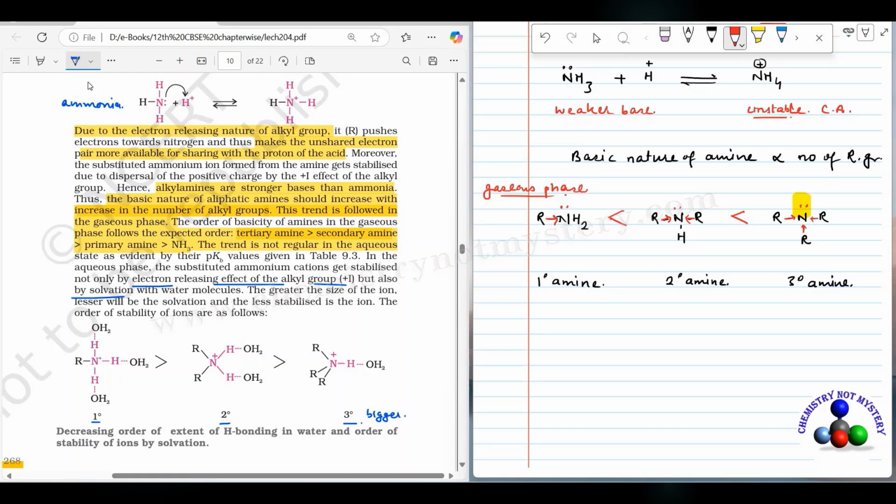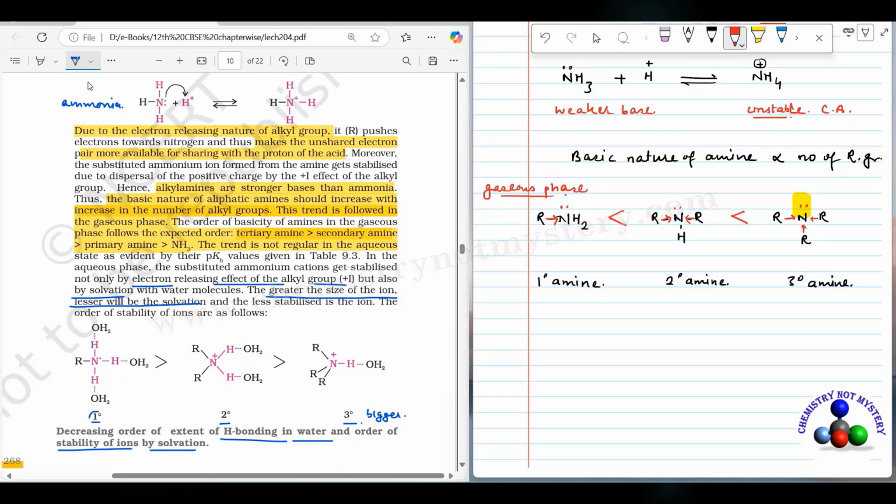As it is written here, greater the size of the ion, lesser will be the solvation. It means the tertiary ammonium ion will be less solvated by water molecules, and the primary ammonium ion will be more solvated by water molecules as it is the smallest among them. So this is the decreasing order of the extent of hydrogen bonding in water, the order of stability of ions by solvation.